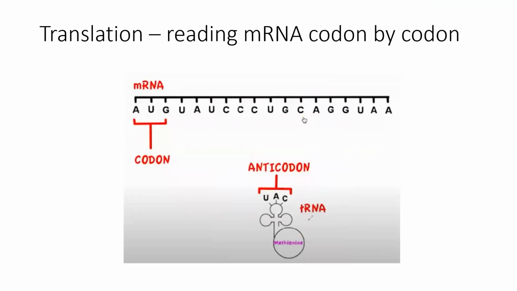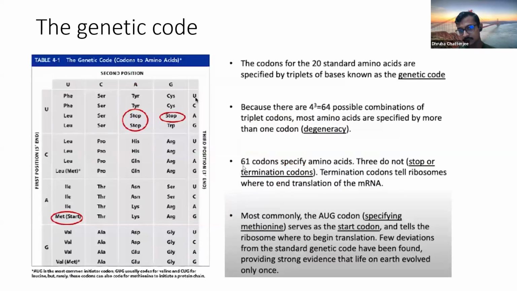there are four different types of nucleotides, A, G, U, and C. And each codon consists of three nucleotides. So there can be 64 possible combinations, but there are only 20 standard amino acids that are found in proteins. So it was found that there is a considerable amount of degeneracy, or redundancy.